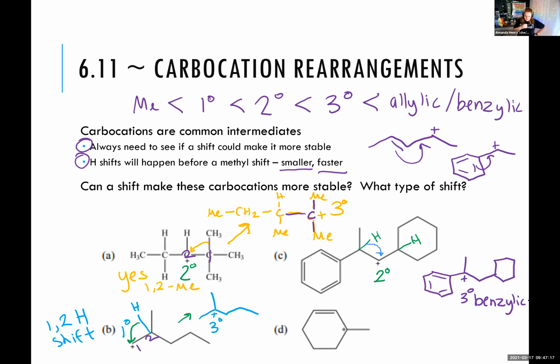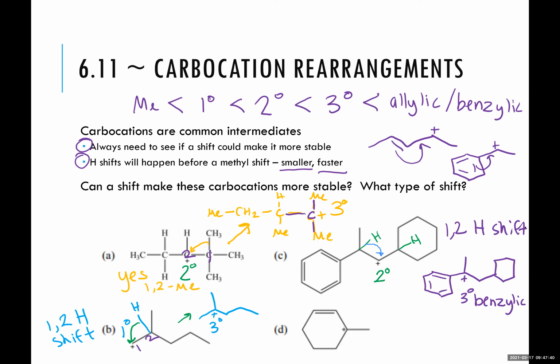All right, what about letter D? What type of carbocation? Oh, let's see. This was a 1,2 hydride. Forgot the 2 in there. A 1,2 hydride shift. What about letter D? What type of carbocation are we starting with? Secondary. Oh, sorry, tertiary.